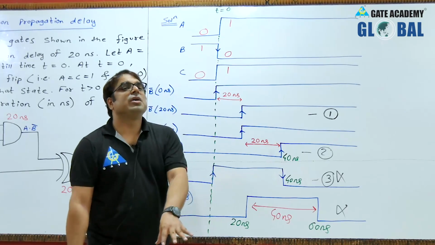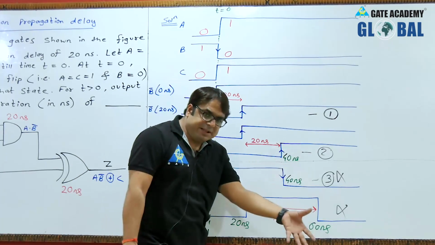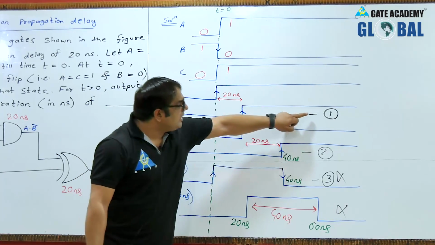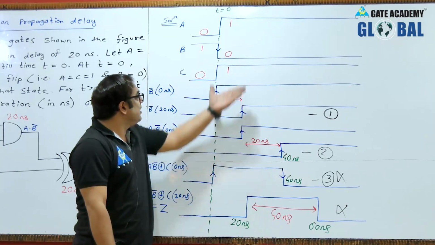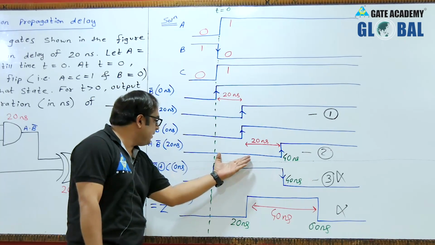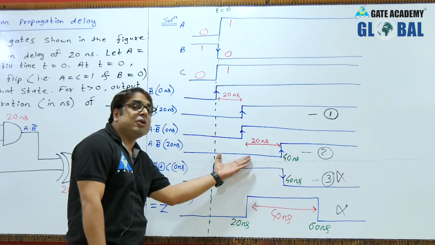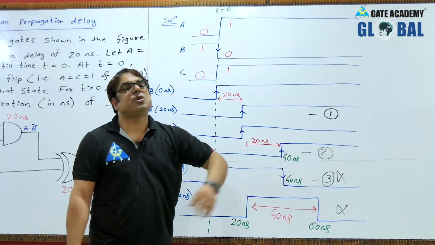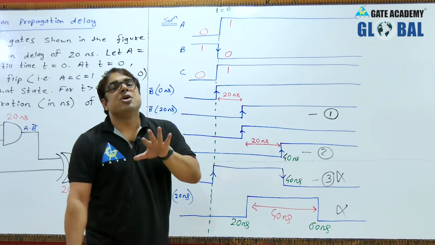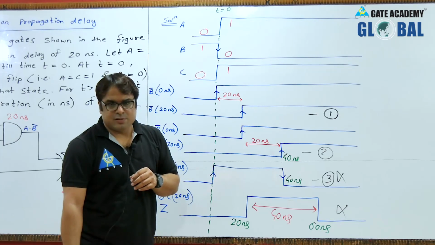So if considering examination point of view, only this waveform and this waveform, and then checking C and A dot B complement are unequal for a duration of 40 nanosecond. So final output of XOR is going to be at logic high for 40 nanosecond.